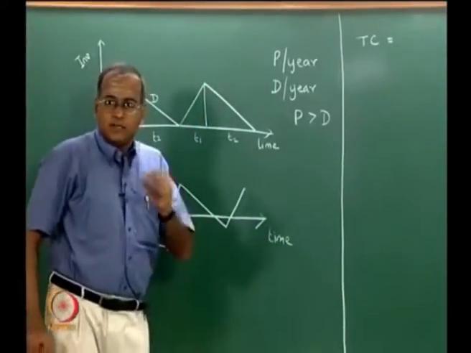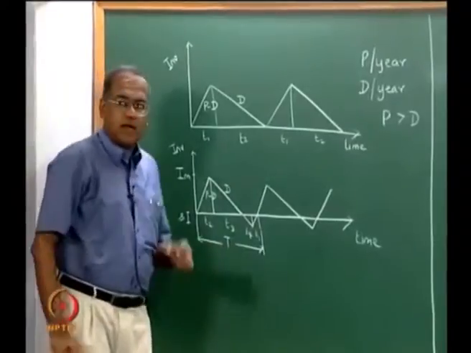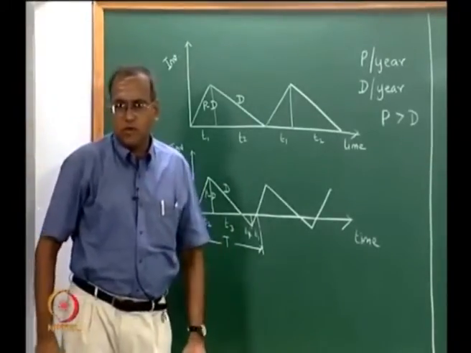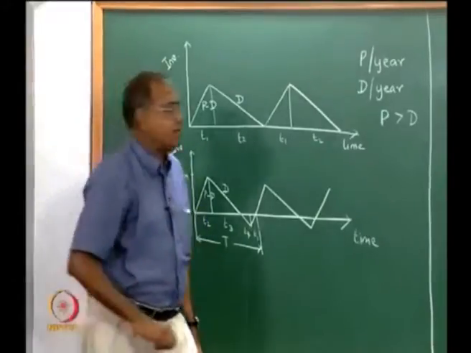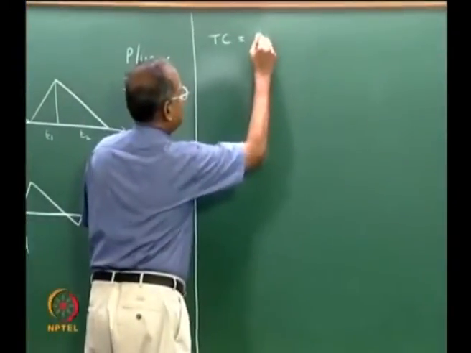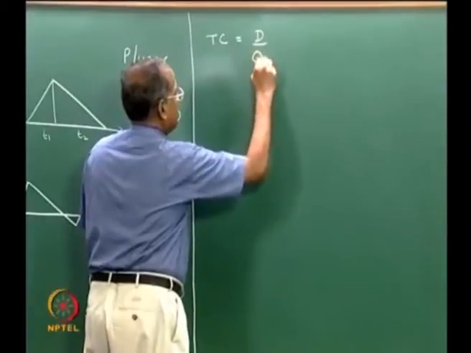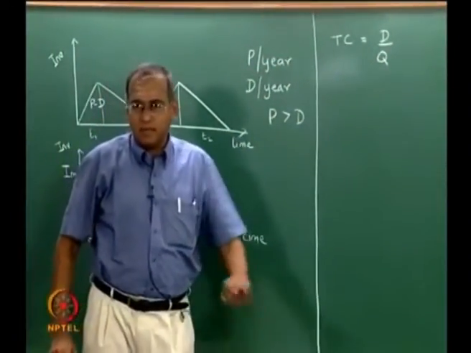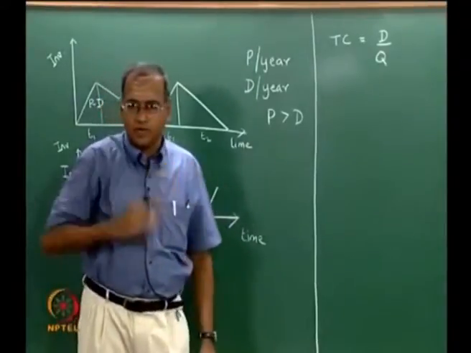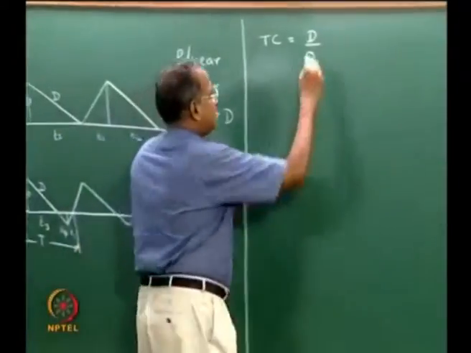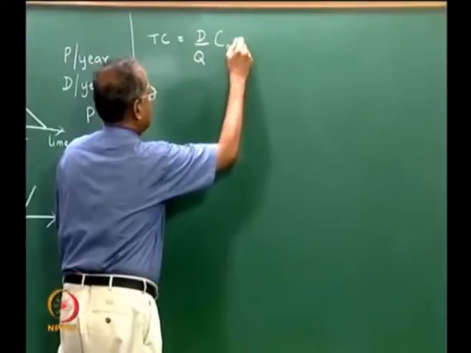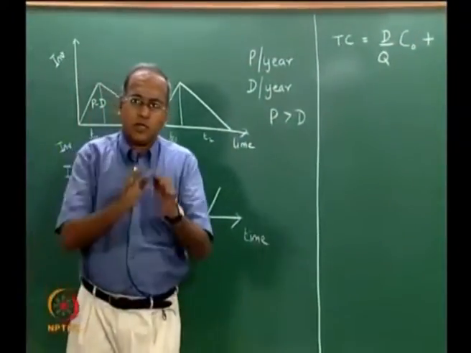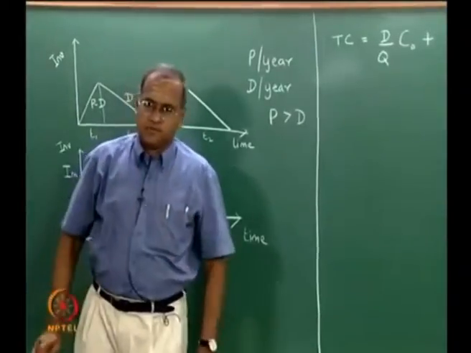Now the cycle time is T and every time we produce a quantity Q. So the number of times we set up will be D by Q, that is the number of times this item is set up in a year is D by Q, because D is the annual demand. C naught by our definition is the setup cost. So D by Q C naught is our total annual setup cost.